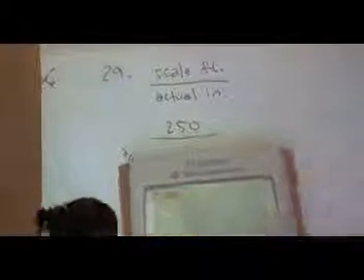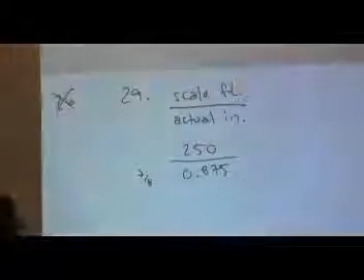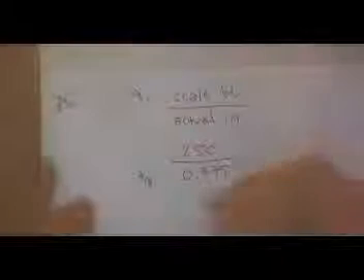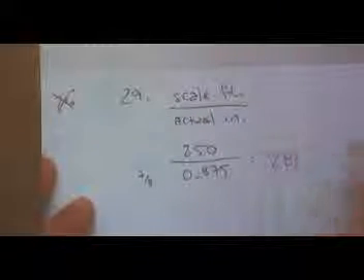So 7/8 is 0.875, and if we divide by that, we end up with 286 feet.